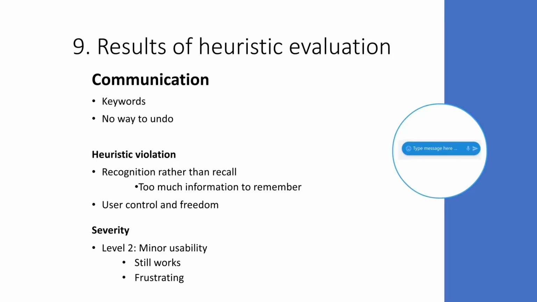The heuristics violated are recognition rather than recall, as the keywords are too much information to remember, as well as user control and freedom. The severity is a level 2, minor usability, just because it doesn't break the messaging device. It's just frustrating if they can't remember the preloaded messages, as well as not being able to undo their message.